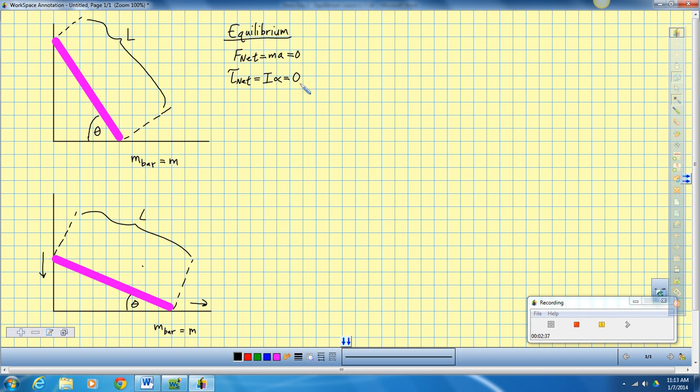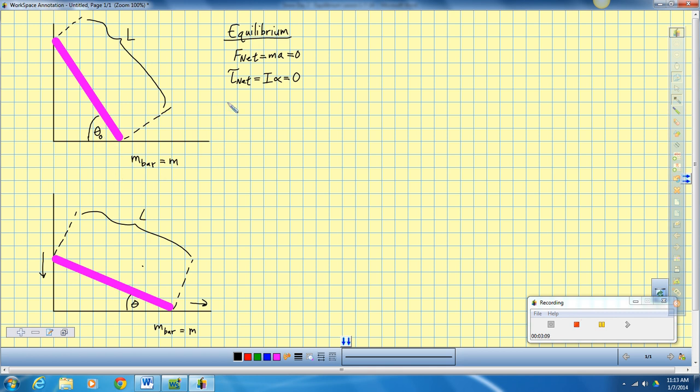Okay, well, what's going to control if this thing slides or rotates, or if it doesn't do those things? Well, it's going to be all about the forces acting on this and the torques acting on this. So the sample problem we want to solve is: given that I have some bar whose mass is m and whose length is L, and I'm going to define the angle that I'm trying to prop this up at as some theta 0.